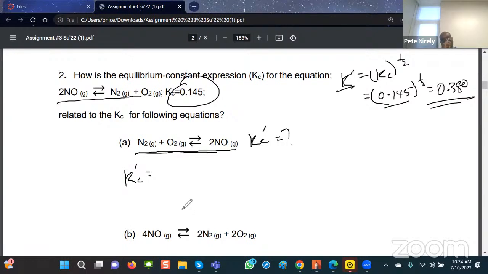Let me give you a hint. Compare the respective coefficients.